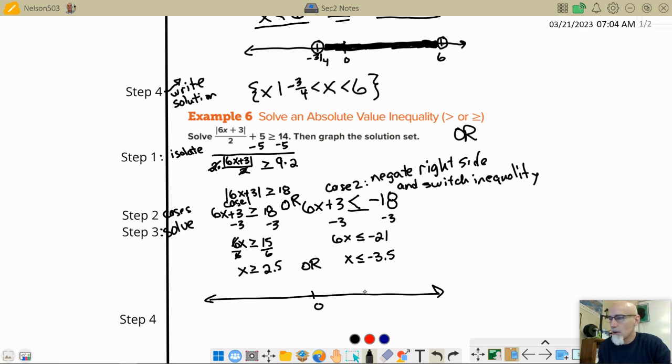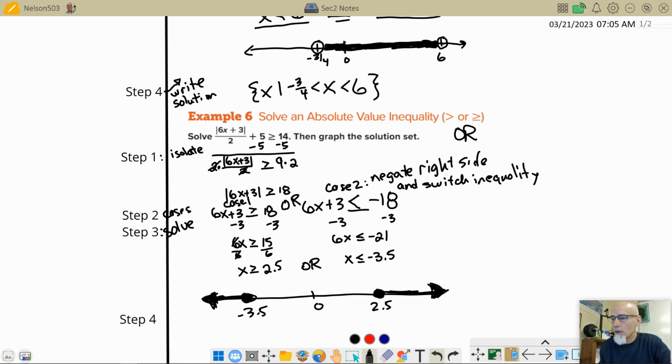So if I estimate where 2.5 would be, let's say 2.5 is right there, and it says greater than or equal to, so I want a solid point, and then I'm going to shade out here to the right. Make your arrow look like it's all shaded going that way. And then we're going to go over here to negative 3.5, and we're going to do the same thing. Solid point, okay? And we're going to shade out here and really shade your arrow going out to the left.